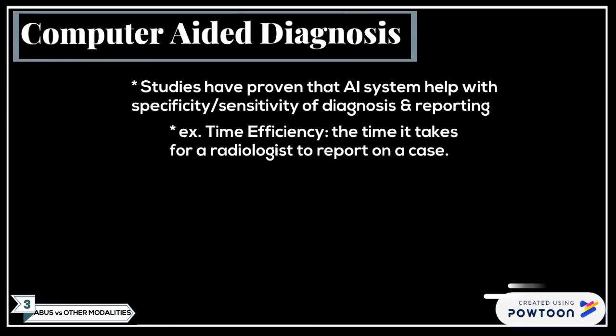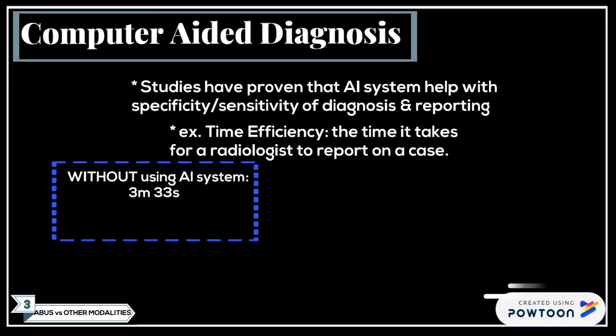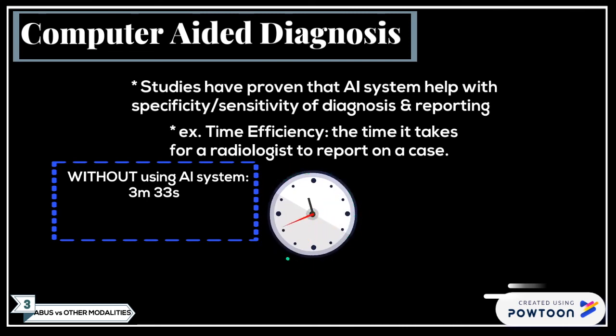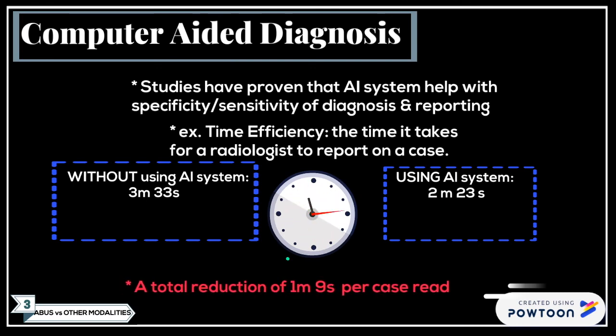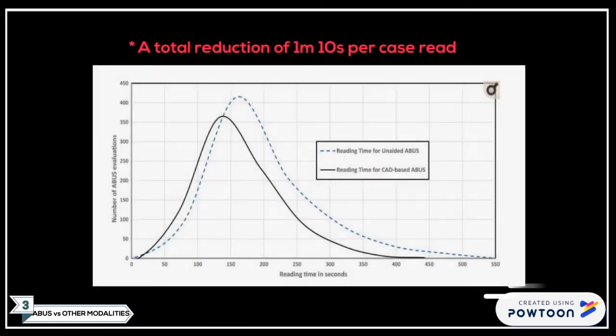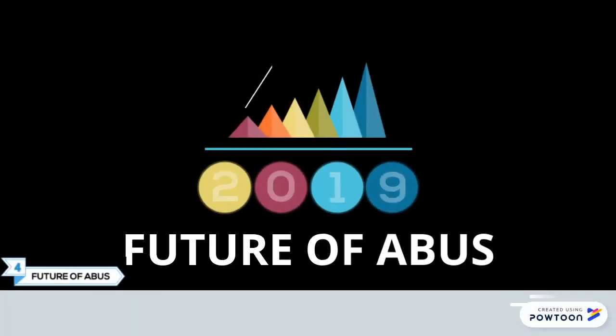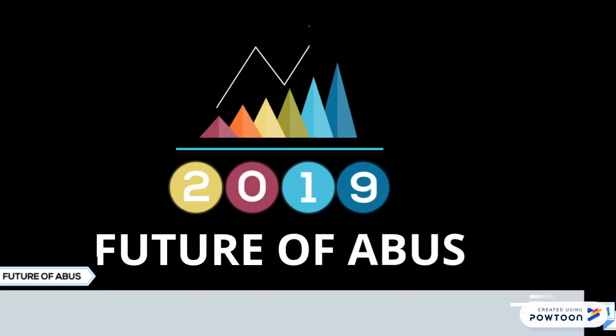A study showed that the reporting time for radiologists not using the computer system was 3 minutes and 33 seconds, and for the radiologists using the computer system, the reading times were 2 minutes and 23 seconds, a total reduction of 1 minute and 9 seconds per case. Below is the graphical representation from the study, which shows the difference in the reading time with and without computer-aided diagnosis.